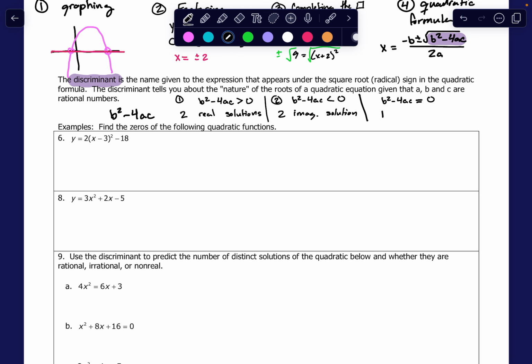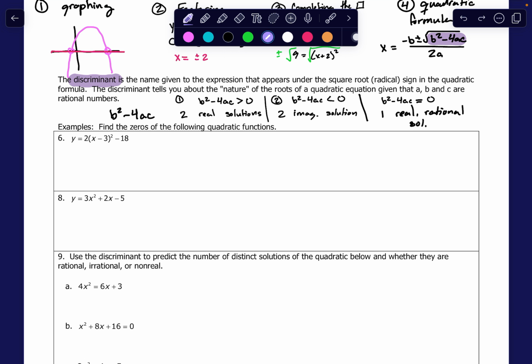That means there's only going to be one real rational solution. I added that bit about rational because we know this opposite of b over 2a is going to exist as a fraction. So let's dive into some examples here.